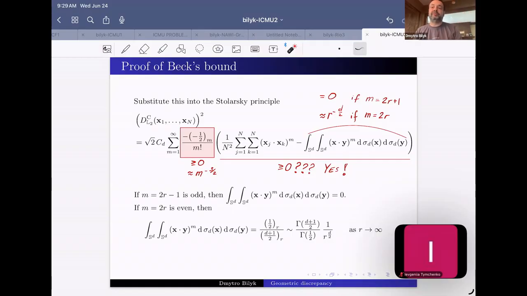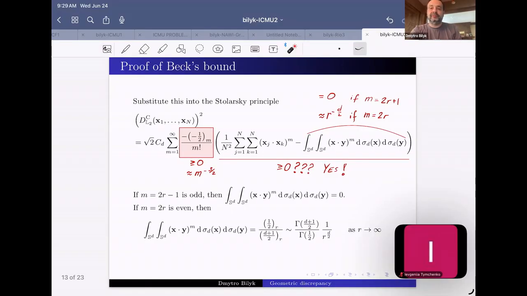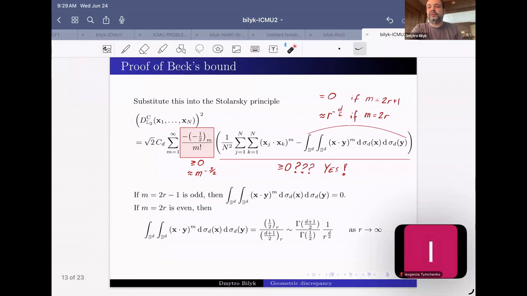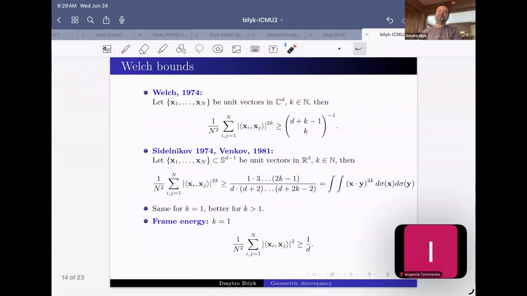So all of these terms are positive. And this actually brings us to another interesting topic, or even a couple of topics. So I will talk about these terms now.